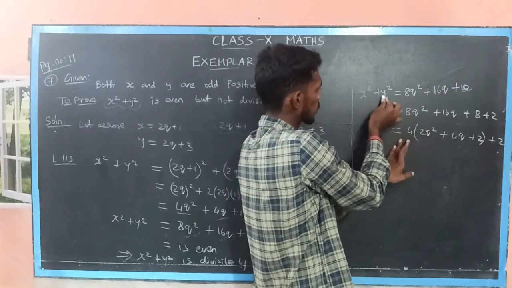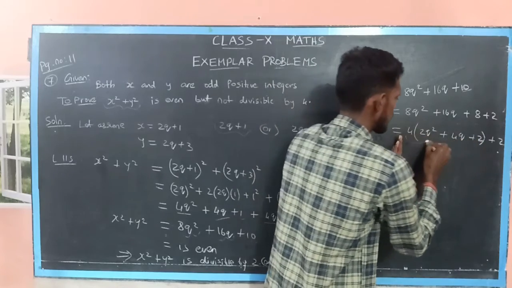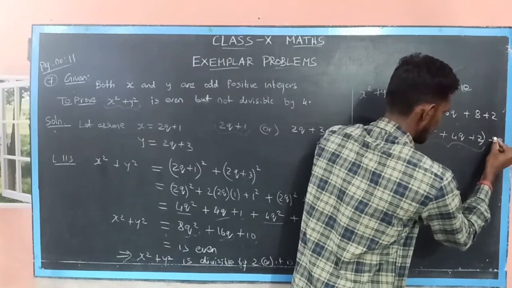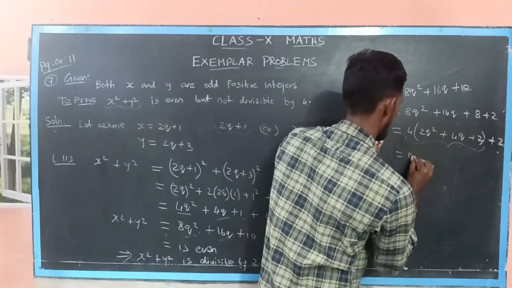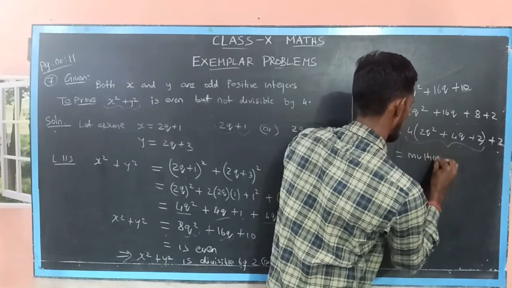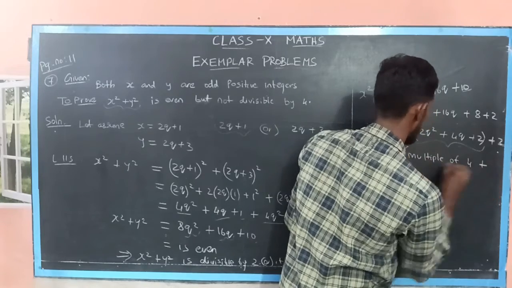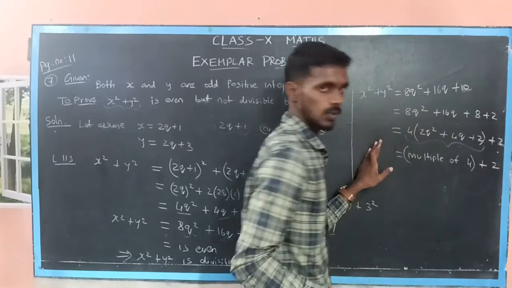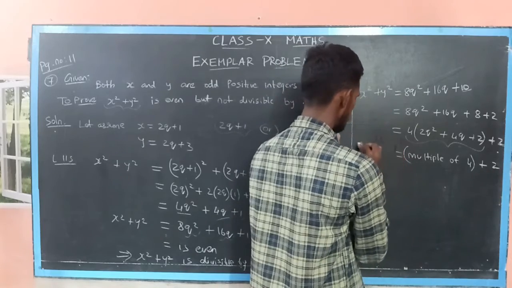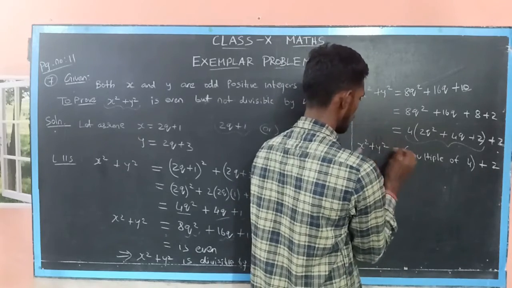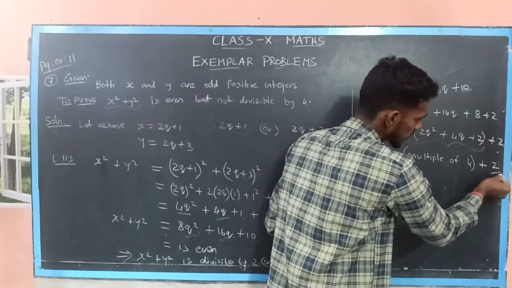Now see here, 4 into some number. So x square plus y square can be divided by 4, but I am not getting this term only, I am getting an additional term plus 2. So it will be some multiple of 4 plus 2. So definitely this term will not be divided by the number 4, it will leave the remainder 2.